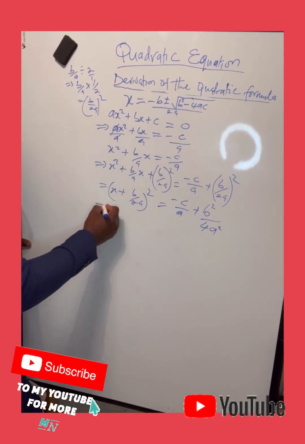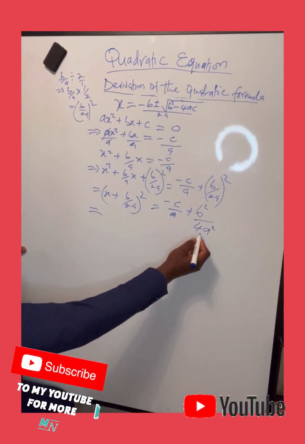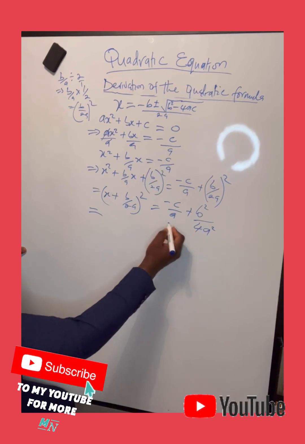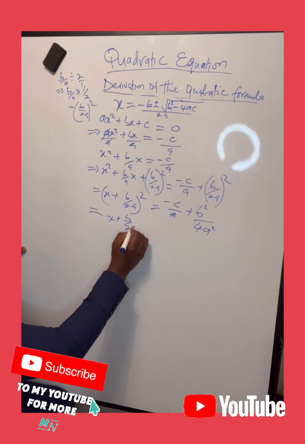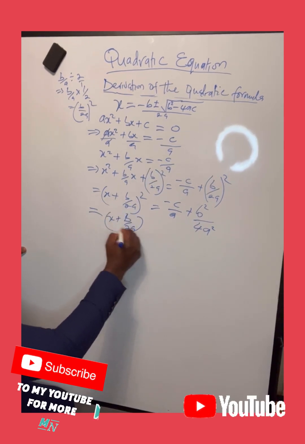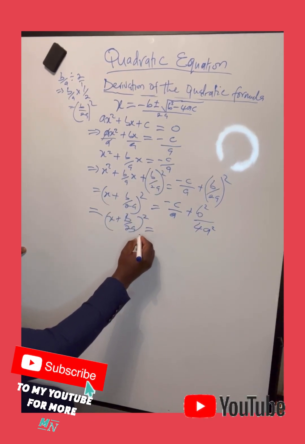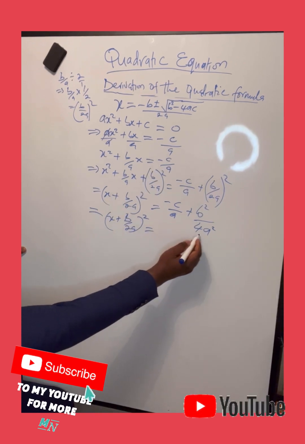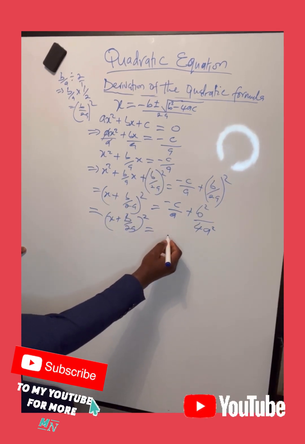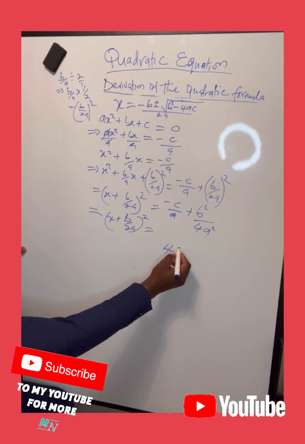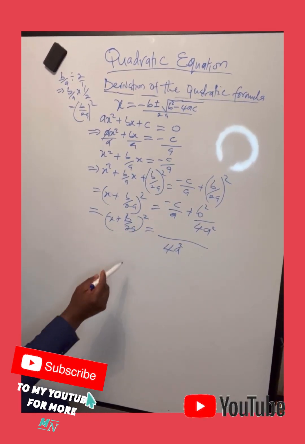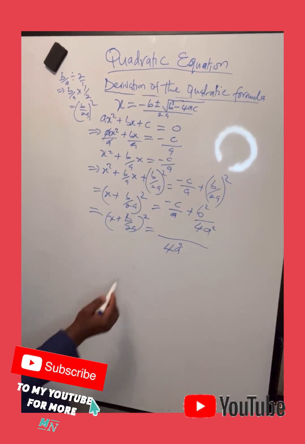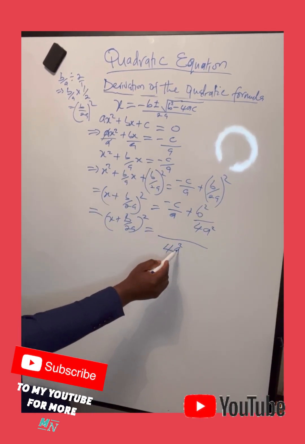Now the next thing to do is to find the LCM of 4a squared and a. So I'm going to repeat this: x plus b over 2a all squared is equal to, the LCM of 4a squared and a, which is 4a squared. So 4a squared divided by a will give me 4a, because a will cancel out one a.